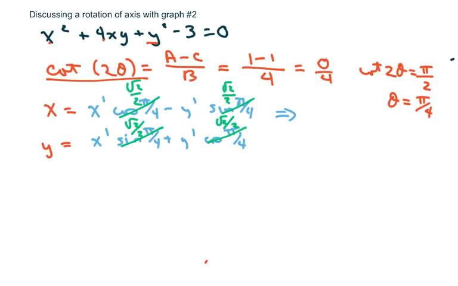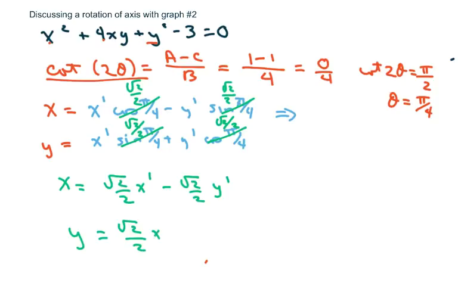So since we already went over this, basically you have x equals square root of 2 over 2 x prime minus the square root of 2 over 2 y prime, and y equals same thing but with a plus. And then we're going to write this, simplify it, and pull it out.